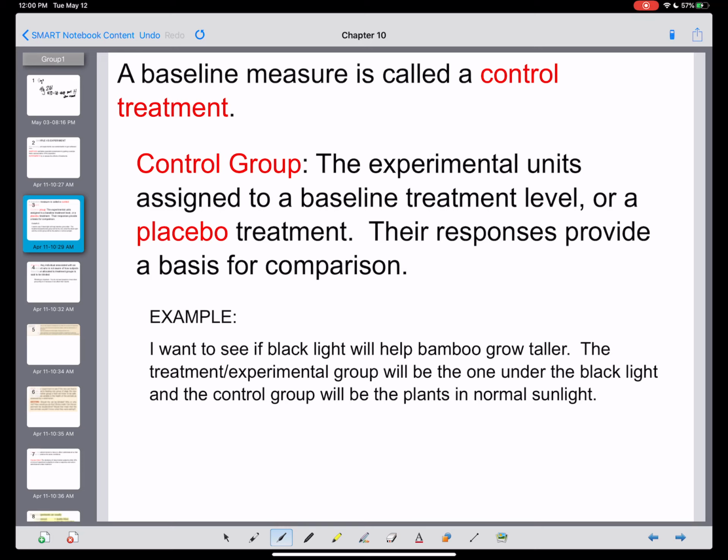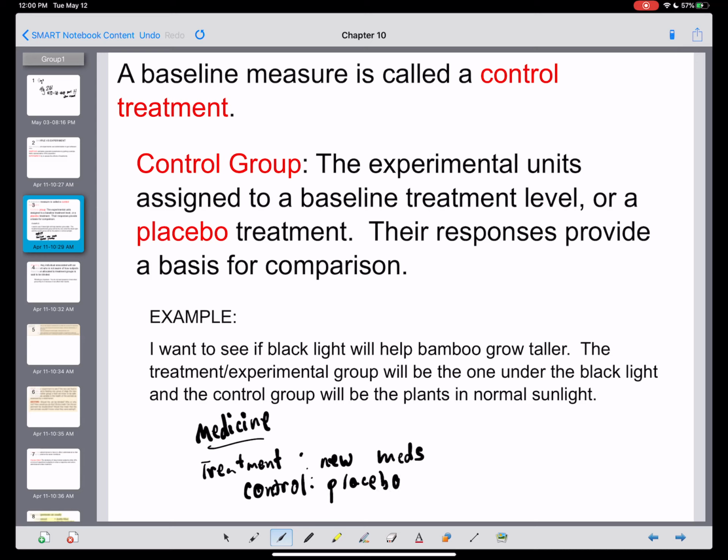Let's say I'm testing medicine, right? The treatment would be the new medicine. The control would be a placebo. A placebo is just like a pill, essentially a sugar pill.